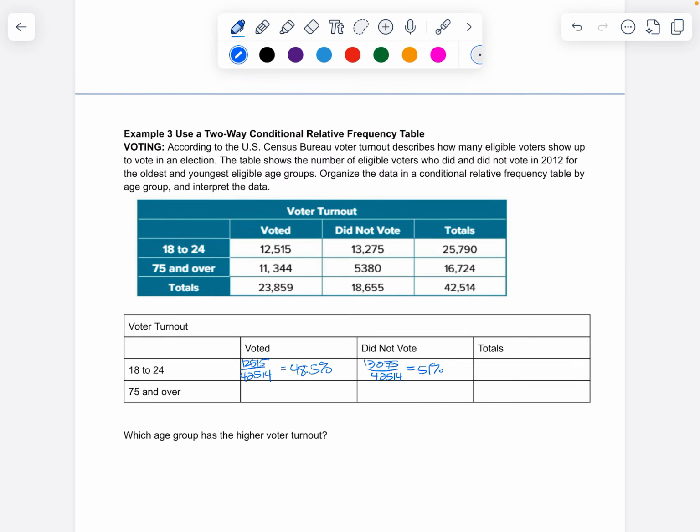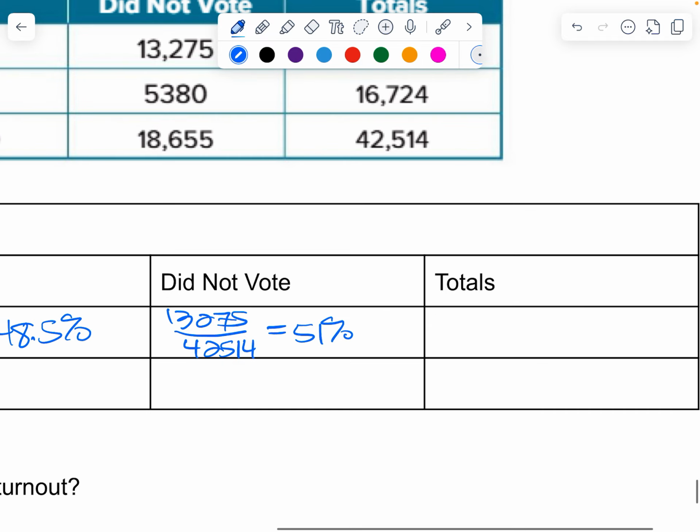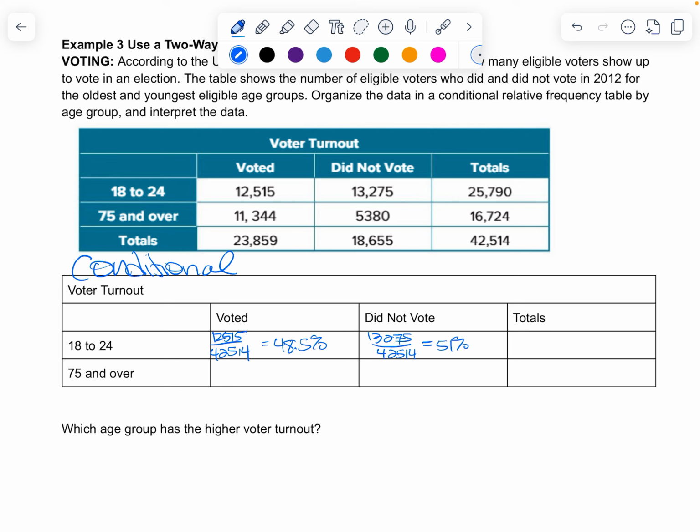oh, I forgot to go over this. This is a conditional. Okay, so let's do this. I was doing the wrong one. Sorry about that. I knew when my numbers were coming up weird. Okay, so I apologize.